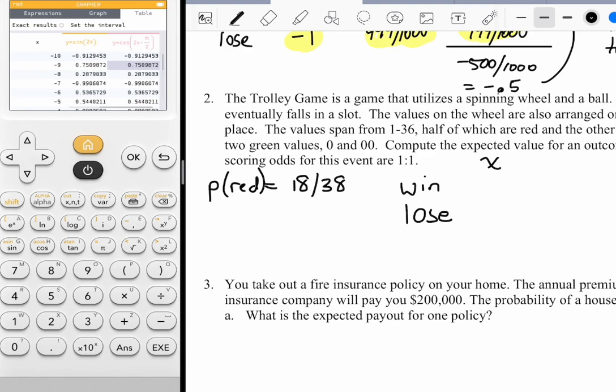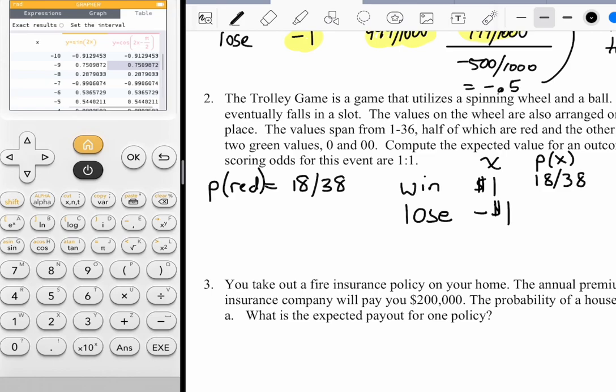So I'll keep it simple and just go with $1 or 1 credit. We often talk about money in expected value, so it makes sense. If I win, I'm going to win $1. If I lose, I'm going to lose $1. The probability of winning is 18 out of 38.